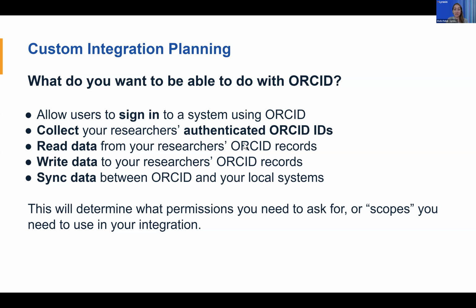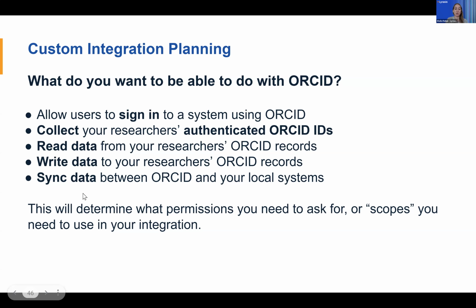So if you want to read data from your researchers' ORCID records, if you want to write data, I will say writing data to ORCID is one of the most important and helpful things ORCID member organizations can do to contribute that trustworthy data back into the ecosystem and help their researchers keep their ORCID records up to date.